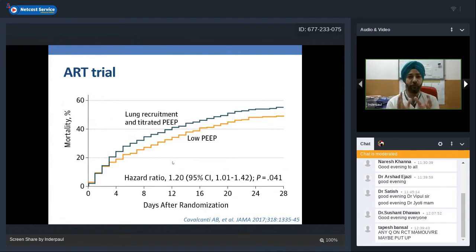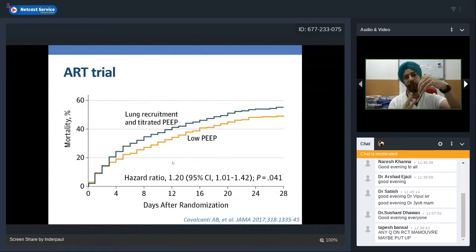So what was the problem with this trial? This trial included patients who had moderate ARDS rather than only including severe ARDS. That is number one. Number two, the recruitment maneuver was giving a sustained pressure of 45 centimeters of water for 2 minutes, which is very high. So you do not want to do a recruitment maneuver for 2 minutes.